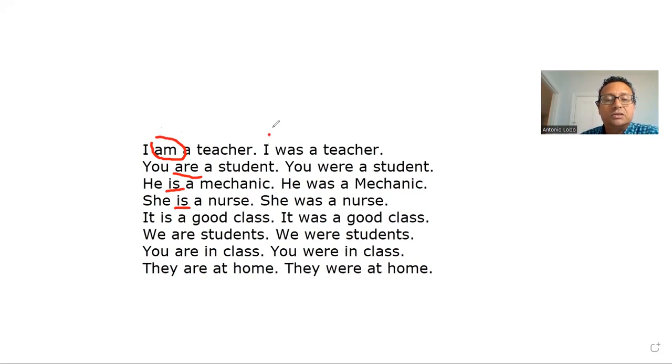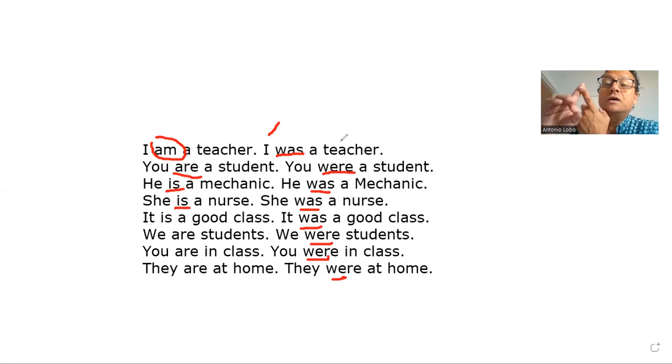Here too, there is the person, and this is the verb, okay? Was, were, was, were, were. As you can see, we only use was and were for the past tense.